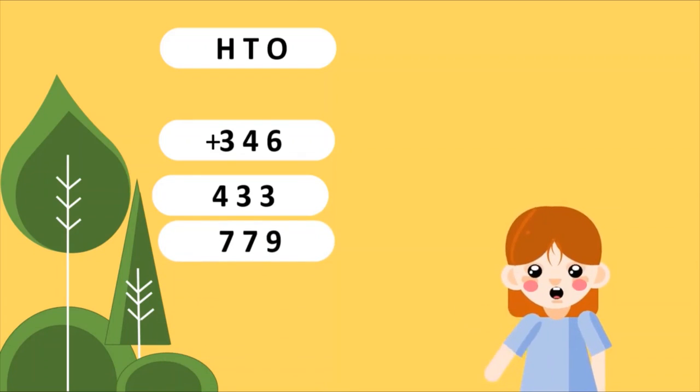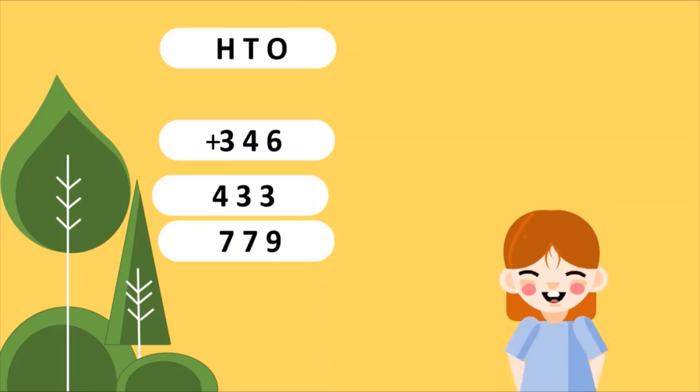For example, if you subtract 10 from 15, the answer you get is 5. So when you add 10 plus 5, the answer should be 15. Only then we can say that the subtraction is correct.